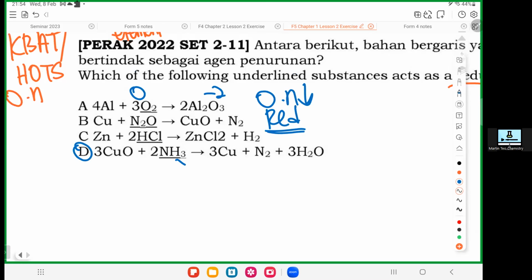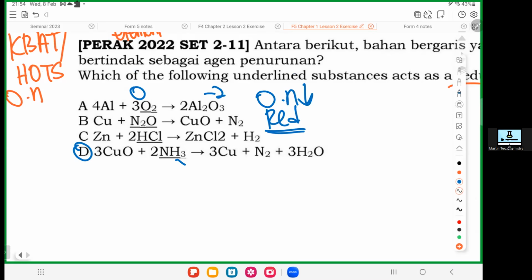Jayani is asking, can we use the oxygen method for the first question?